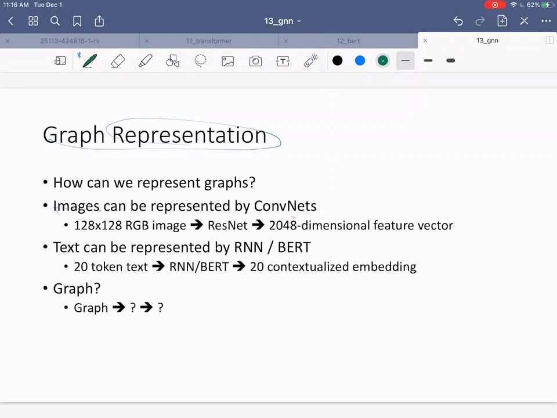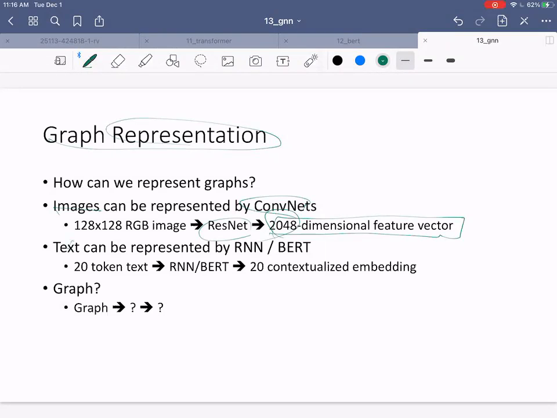If you have a 128 by 128 RGB image, you put it through ResNet, and after global average pooling, you get a final 2048 dimensional feature vector. So that's your image representation.